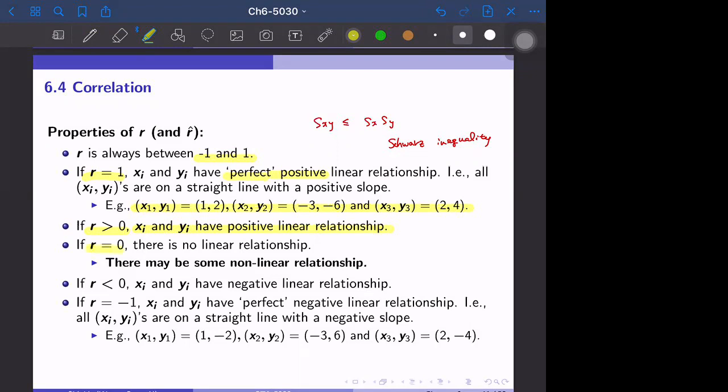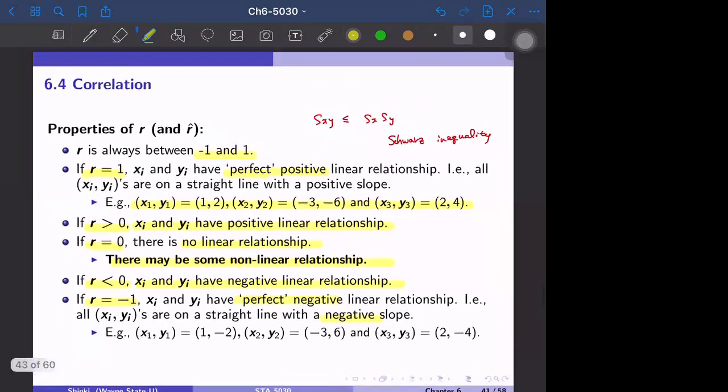R is equal to 0 means no linear relationship, but there may be some non-linear relationship. R is negative if xi and yi have a negative linear relationship. R is -1 means perfect negative, so all points are on a straight line with a negative slope. This is true for both R and R hat.